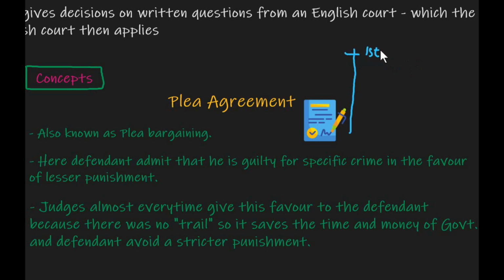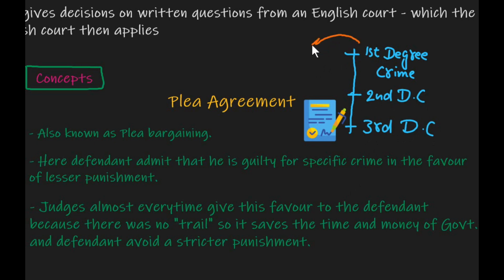First degree crime, second degree crime, and third degree crime. Let's say the punishment for first degree crime is 10 to 15 years, for second degree crime is from 5 to 10 years, and for third degree crime is, let's say, 3 to 5 years as an example.